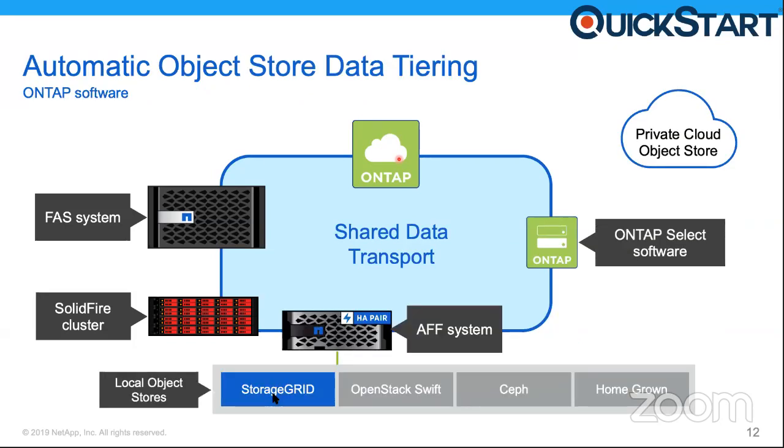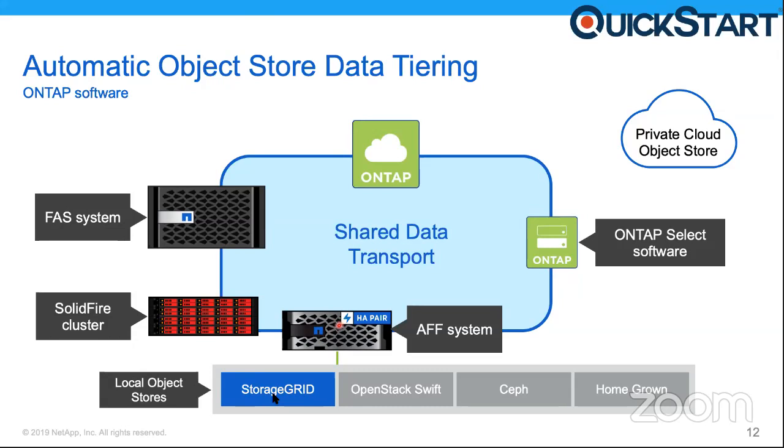And what happens if for some reason you want to optimize your AFF systems on-prem? Can I have another way? Yes, we can start using tiering. What data tiering is, we can keep our most frequently accessed blocks on our SSDs, and then something that is not going to require that crazy amount of performance anymore, because those blocks are not frequently used, at that point we can shift them directly to an S3 bucket.